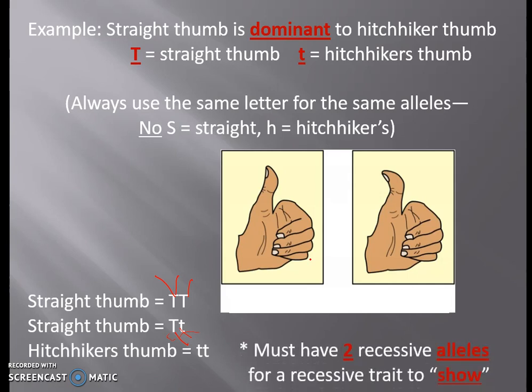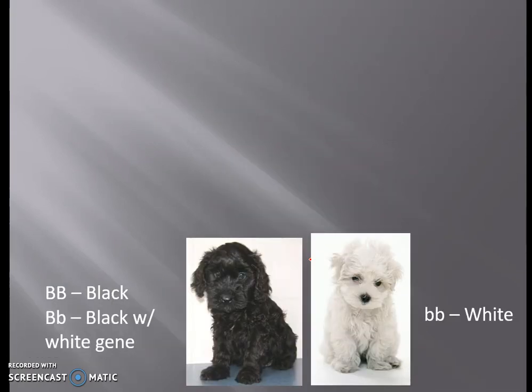Let's see a hitchhiker thumb. To have a hitchhiker thumb as the shown character, you have to have two recessive alleles, that is lowercase t and lowercase t. So you must have two recessive alleles for a recessive trait to show up in the offspring. So that's the importance of alleles.